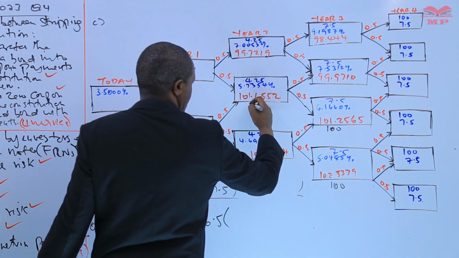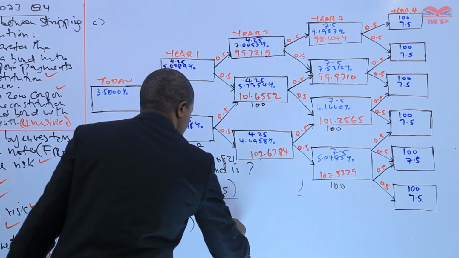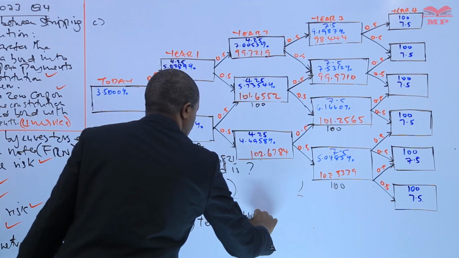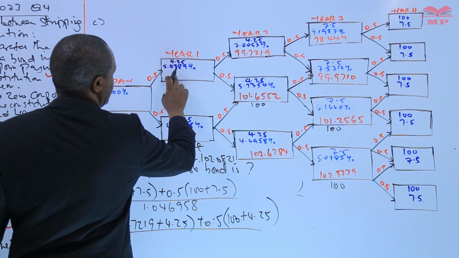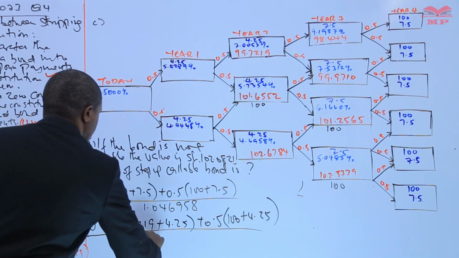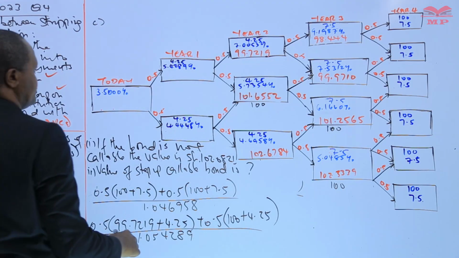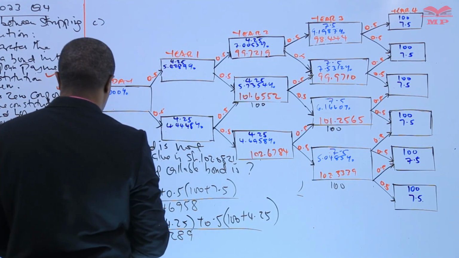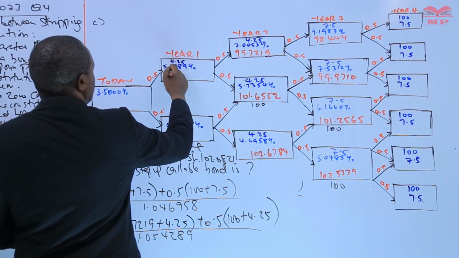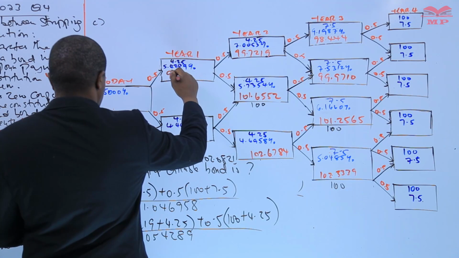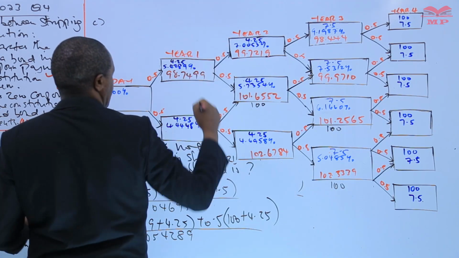This is above the par, so we'll use 100. Is 100 plus 4.25. We divide by 1.054289. This one. Year 1. The answer is 98.7499.